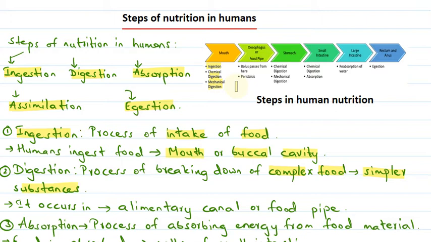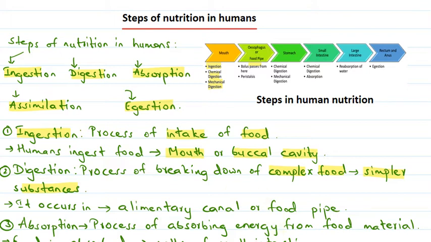It passes from the mouth to the esophagus or food pipe by peristaltic motion, and then in the stomach there are several digestive juices that help in chemical and mechanical digestion of the food. The digestion finally ends in the small intestine. Here we can see that the food passes from the mouth through the food pipe to the stomach.